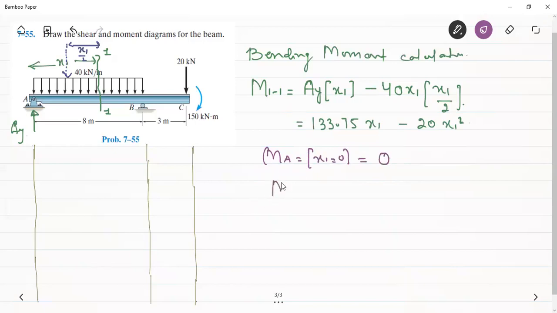Also, to calculate the bending moment at B, we substitute x1 equal to 8, that is, 133.75 multiplied by 8 minus 20 times 8 square.